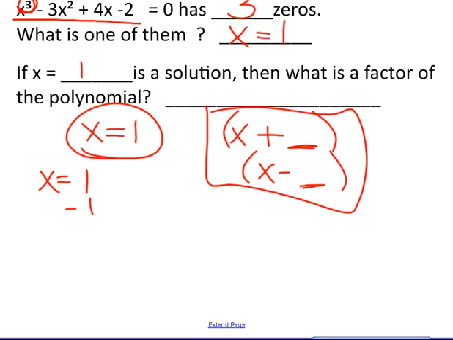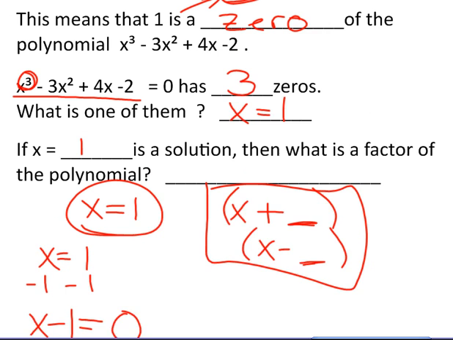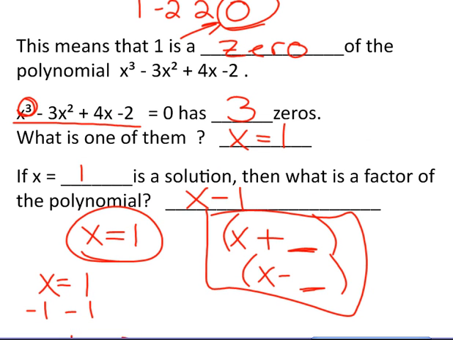So I'm going to subtract 1 from both sides. x minus 1 equals 0, and right here is my factor. So x minus 1 is a factor. If x equals 1 is a solution, or 0, or root, then x minus 1, notice the sign is different, is a factor.